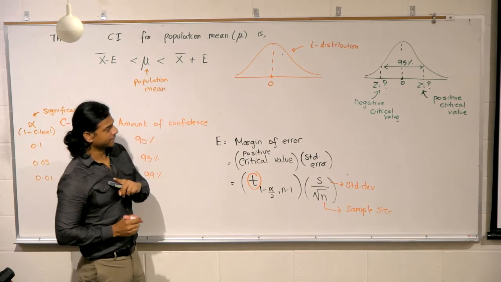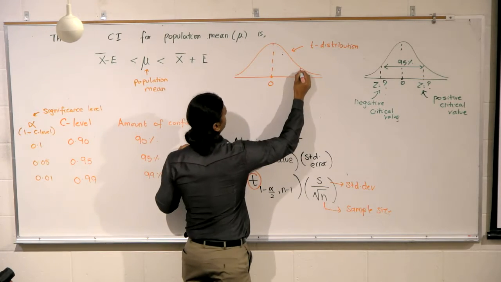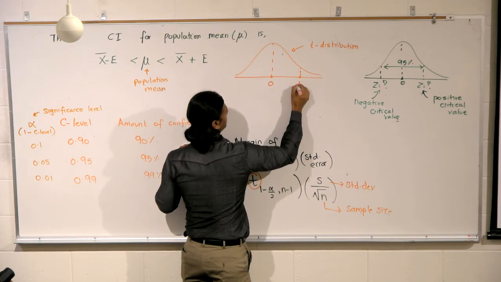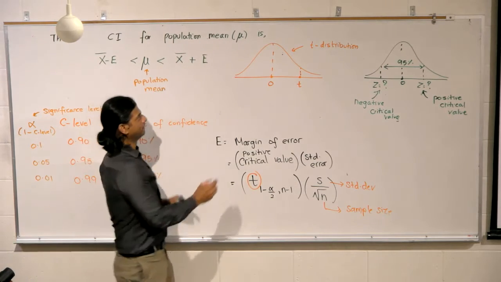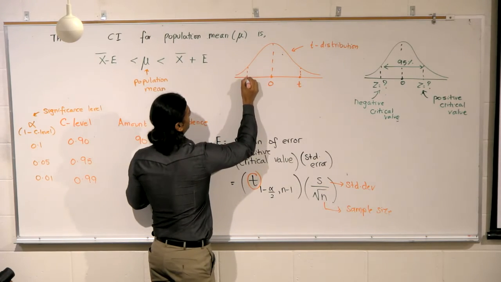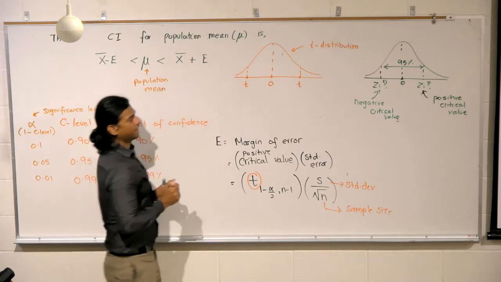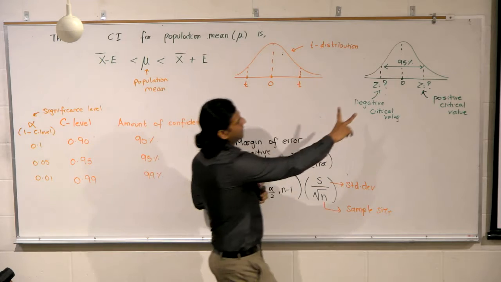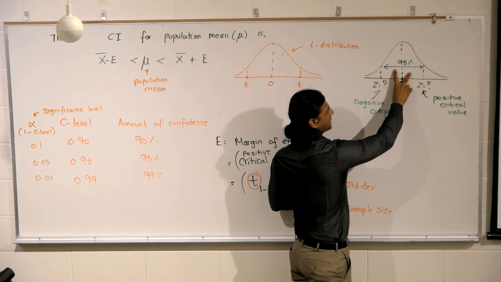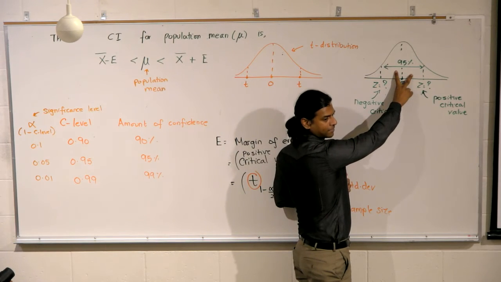0 is in the middle. There is a T on the right. There is a T on the left. Good. 95% is in the middle, correct?